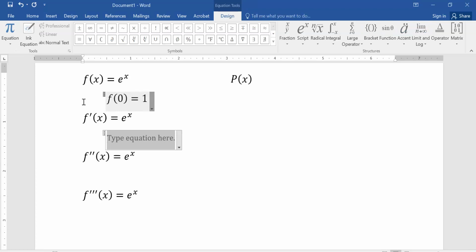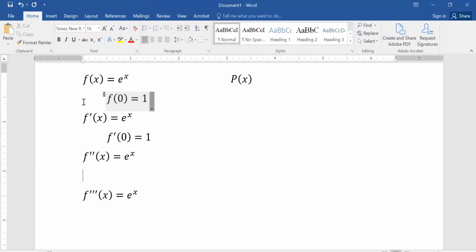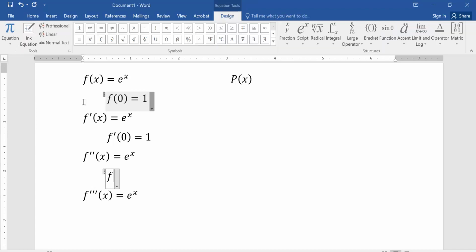If you were to plug in 0 into the first derivative, e to the 0 is once again 1. Into the second derivative, plug in 0, you end up with 1.